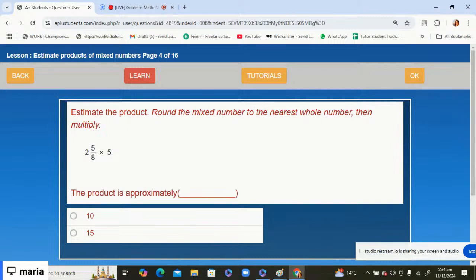Answer is 10 or 15. 2 into 5 by 8 can be rounded to 3. Okay, and then 5 times 3 is 15. That is option 2. Alright, good.